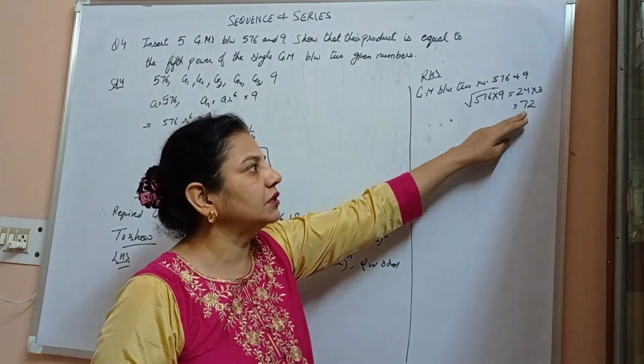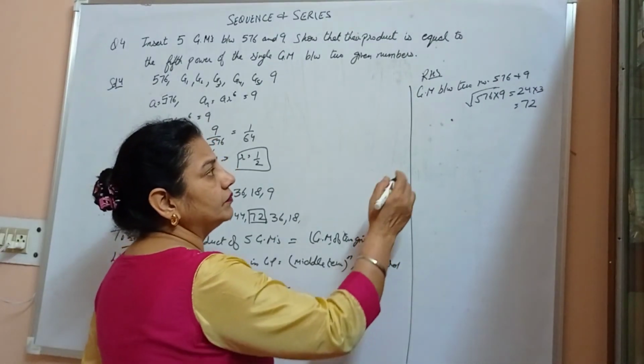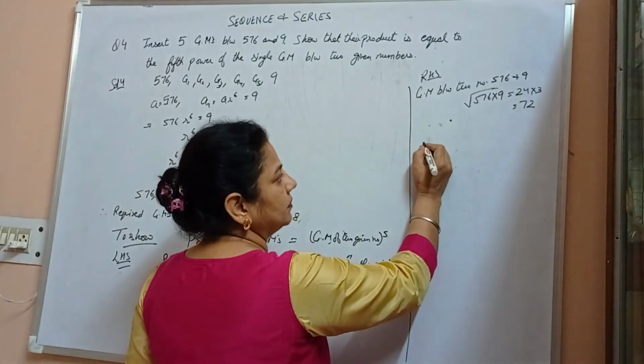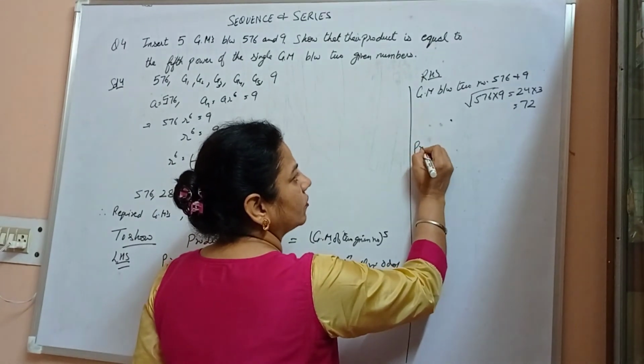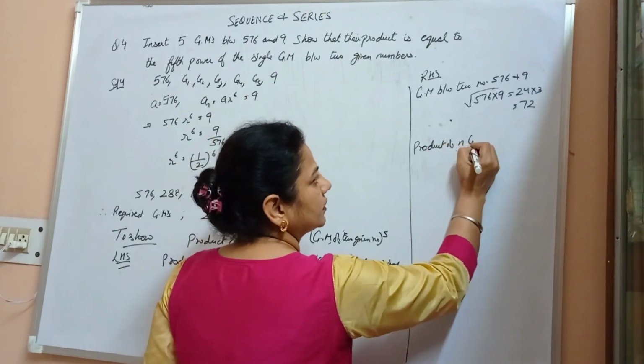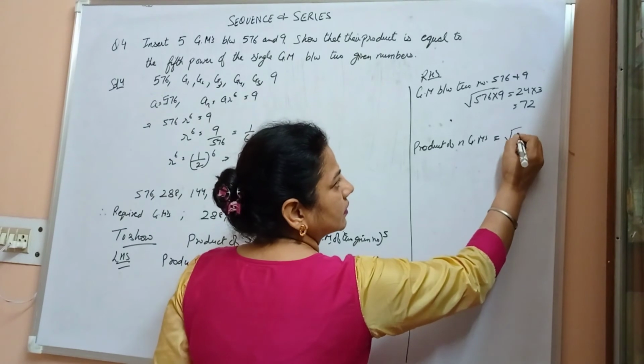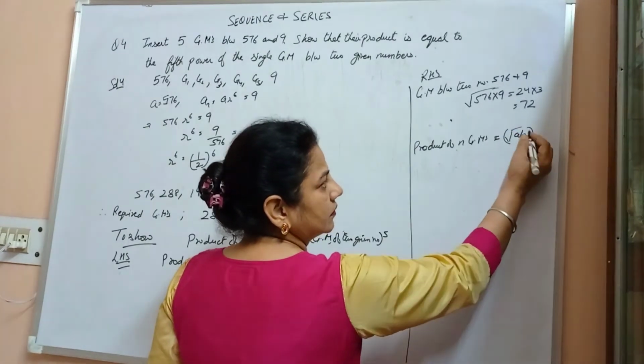Now also we know that if there are n geometric means, the product of n geometric means is equal to the geometric mean to the power n.